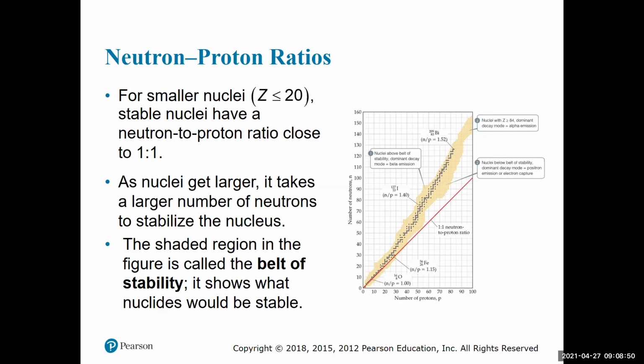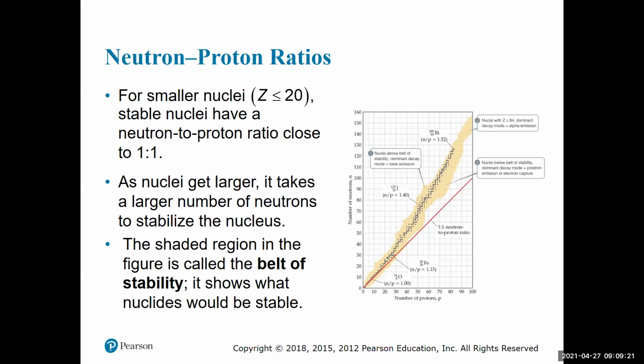And there's a few things that you see, is that for the smaller nuclei, less than 20, you have a neutron to proton ratio approximately 1 to 1. And that's what we see down here at the very bottom here. So if you go over here to the 20 on the y-axis, you kind of see from 20 on down that it's pretty much on the red line.